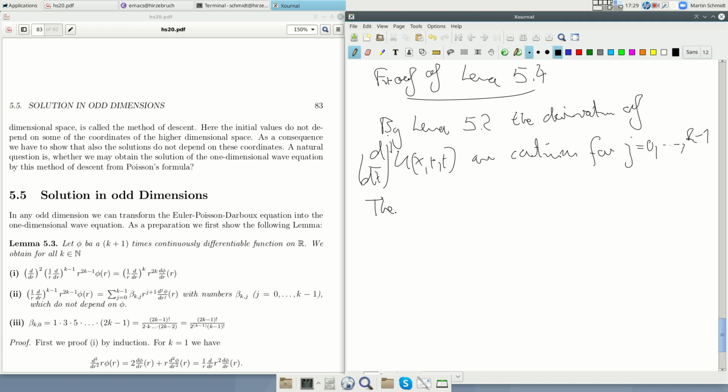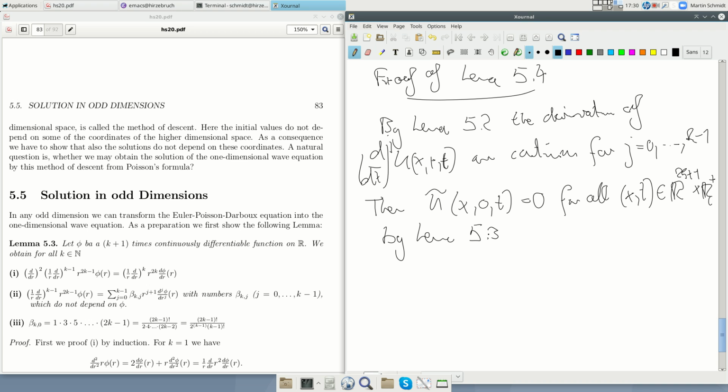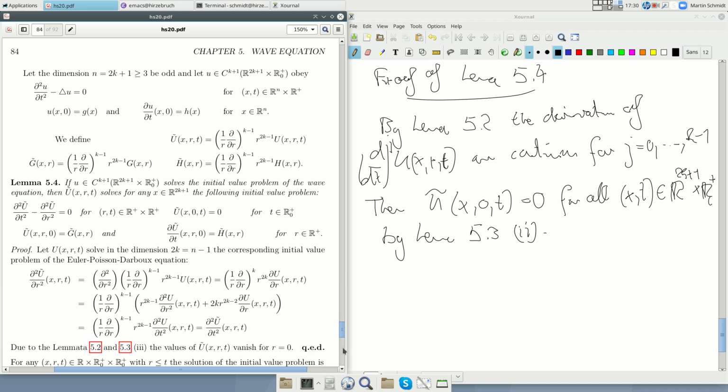So then u tilde of x, 0, t is equal to 0 for all x, t in R^(2k+1) cross R plus, by the foregoing lemma 5.3 and the second statement.